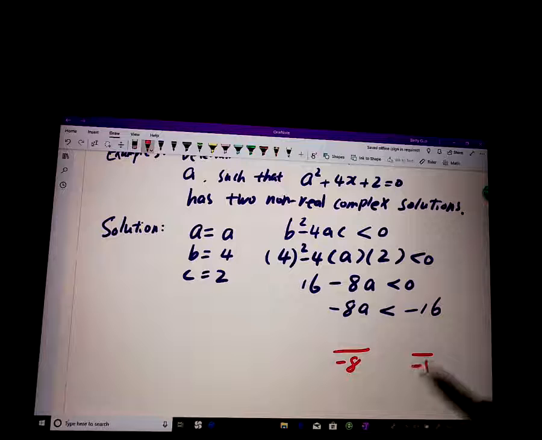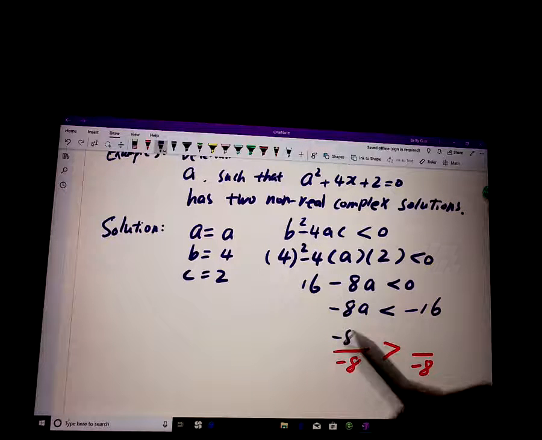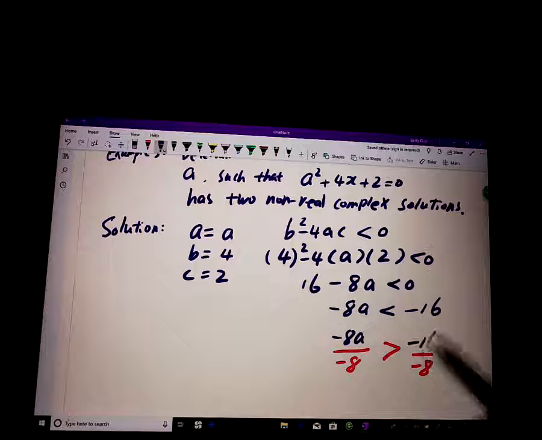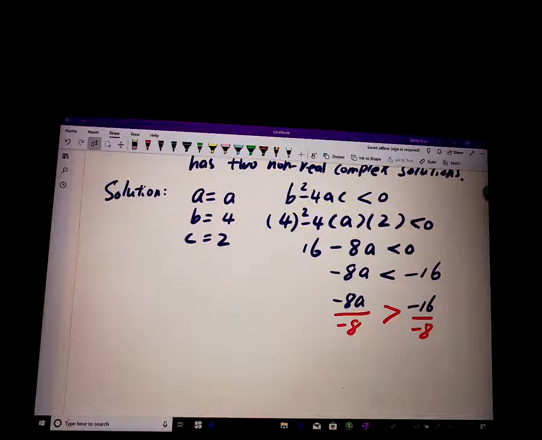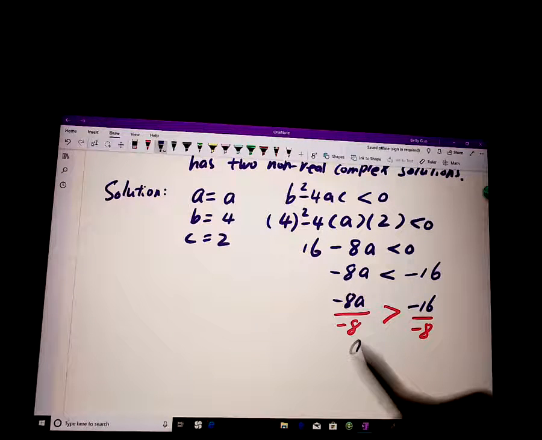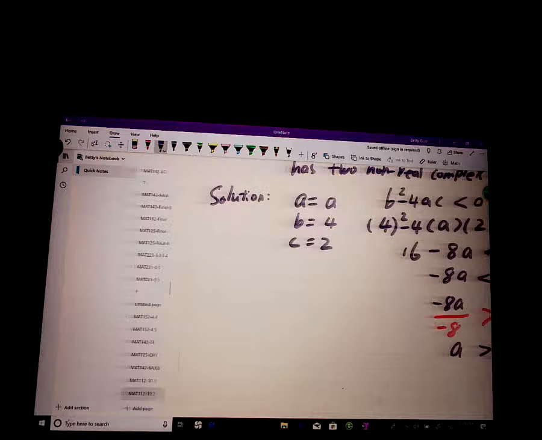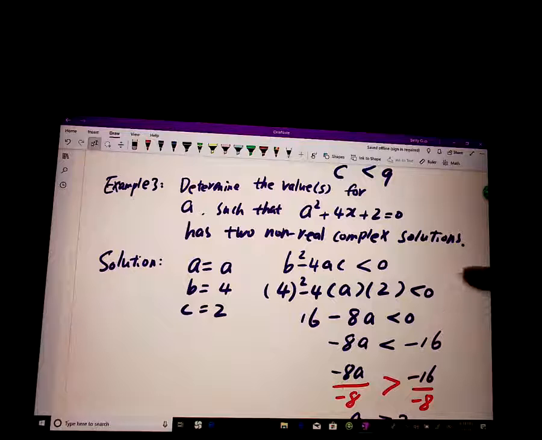But remember, same thing: when you multiply or divide both sides by a negative number, you need to flip the inequality symbol. So the negatives cancel out, and we end up with A bigger than 2. As long as A is bigger than 2, the equation has two non-real complex solutions.